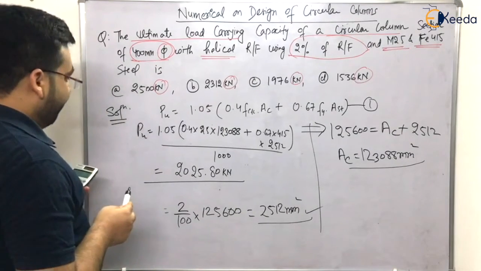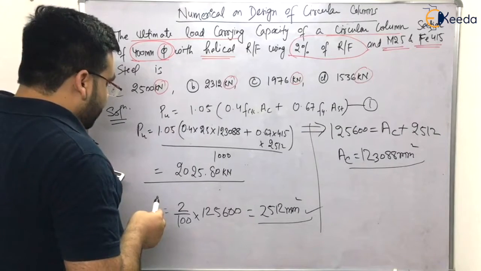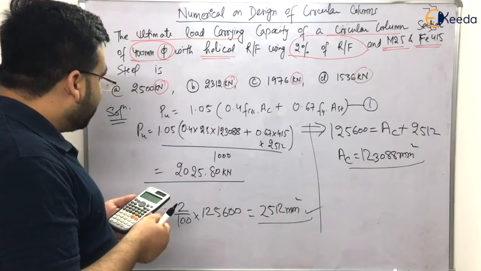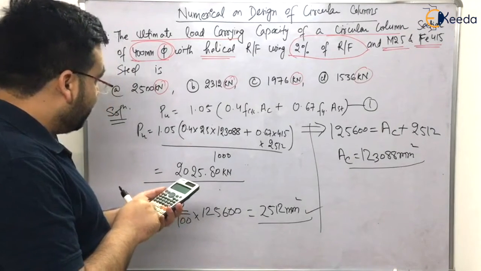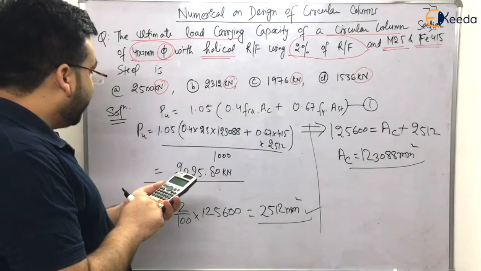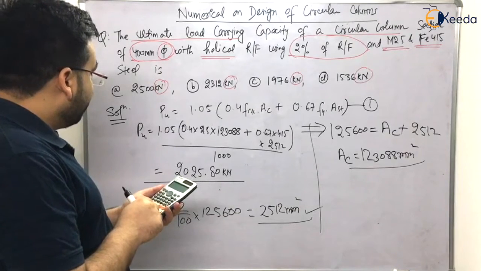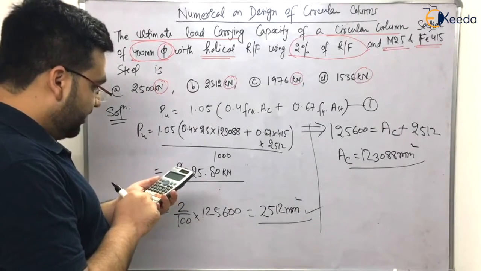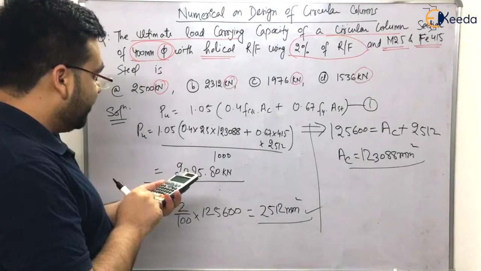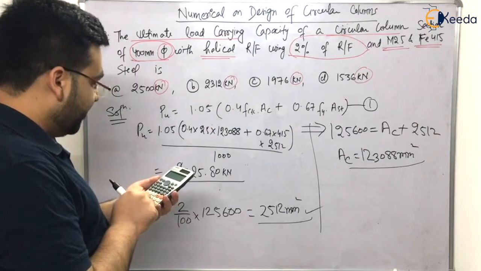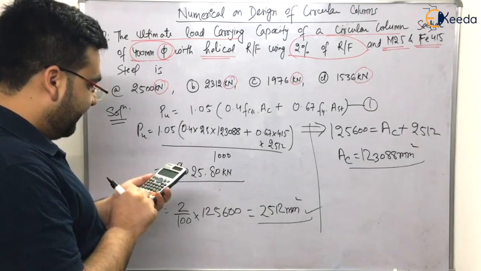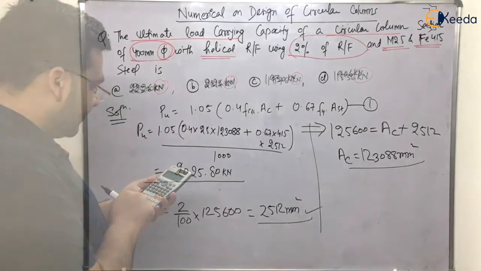So let me calculate once again to check whether I have made some mistake or not. 0.4 into 25 into 123088, plus 0.67 into 415 into 2512, into 1.05, divided by 1000.